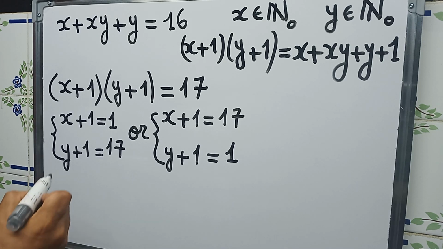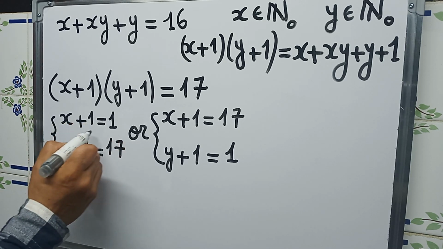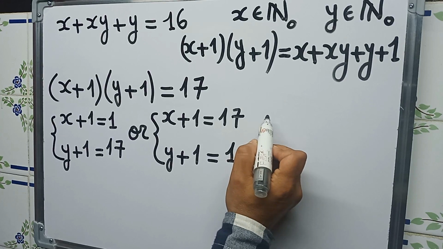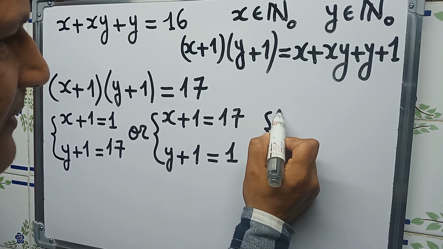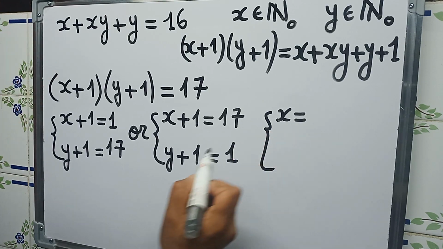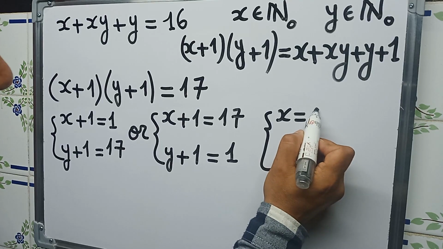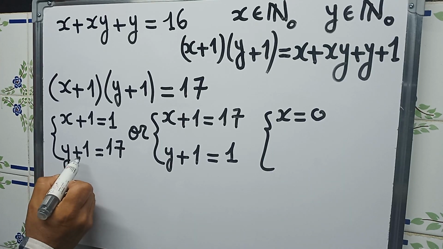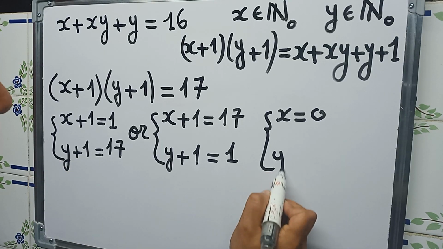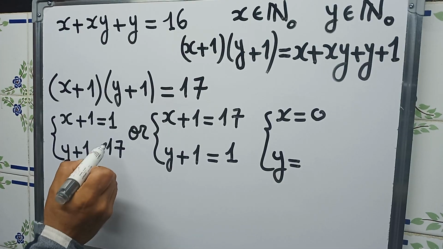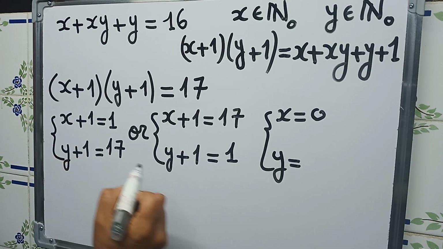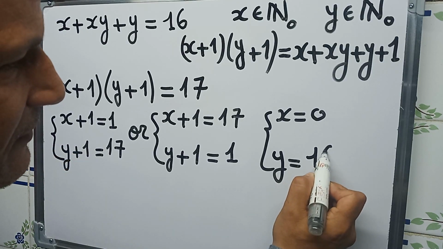Of course, from here, cancelling 1, we will have x is equal to 1 minus 1, 0, and y is equal to 17 minus 1, of course, which is 16.